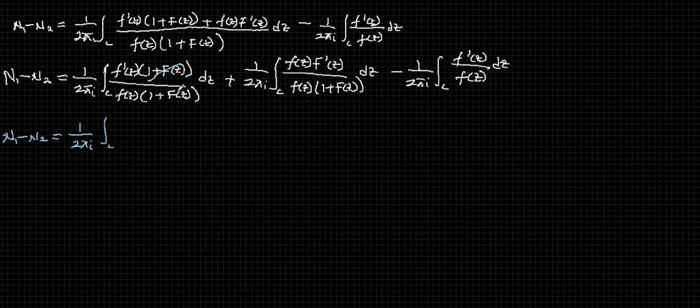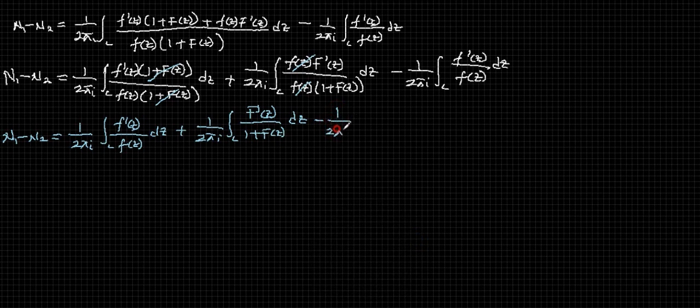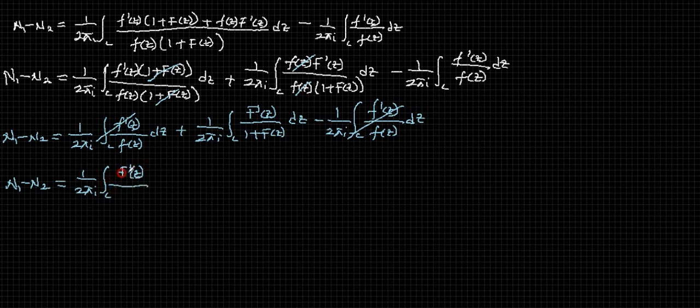Now we have this dividing this: f prime of z divided by f of z dz, plus 1 over 2 pi i integral of the contour where f of z divides f of z, and we are left with capital F prime of z divided by 1 plus capital F of z dz. This is minus 1 over 2 pi i integral of the contour f prime of z over f of z dz. So you discover that when we subtract, n1 minus n2 is equal to 1 over 2 pi i integral of capital F prime of z divided by 1 plus capital F of z dz.